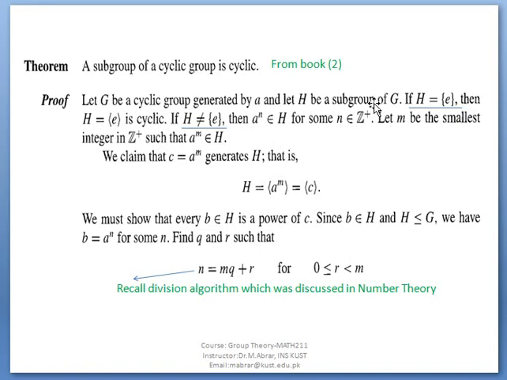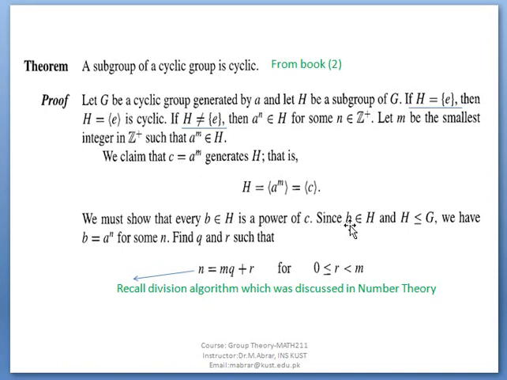Because there is an order in the integers, we can assume that m is the smallest positive integer such that a^m belongs to H. Then we need to prove that a^m generates H, that is, every element in H can be written as a power of a^m, or in other words c by this notation. We must show that every b is a power of c.